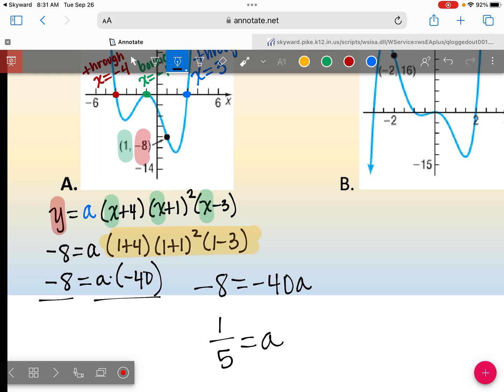Now, we knew that it was even. Do we think that our leading coefficient should be positive or negative based off where the arrows are going? Positive. So that 1/5 sounds legit.